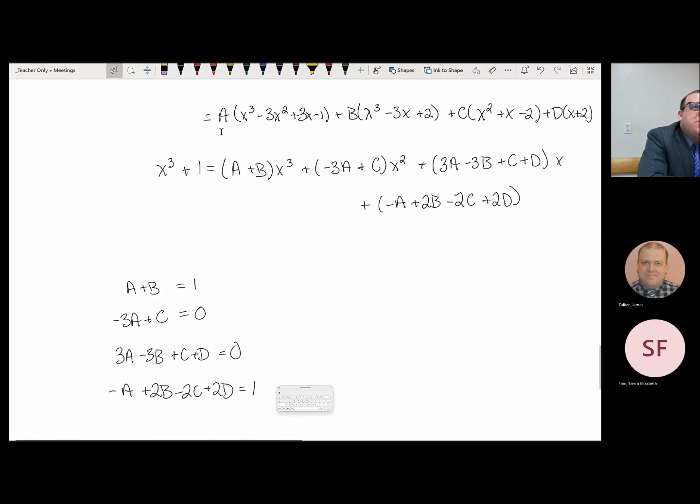Look for the coefficients of the x cubed: a plus b. Do the same thing for x squared: negative 3a plus c. Same thing for the x. So we're just grouping together like terms.